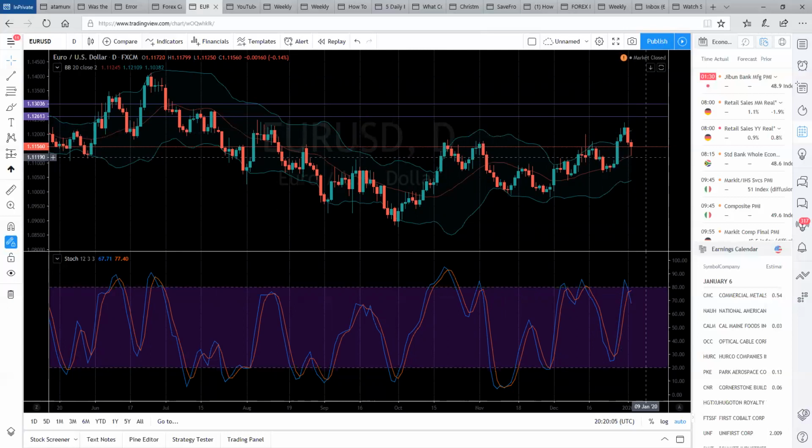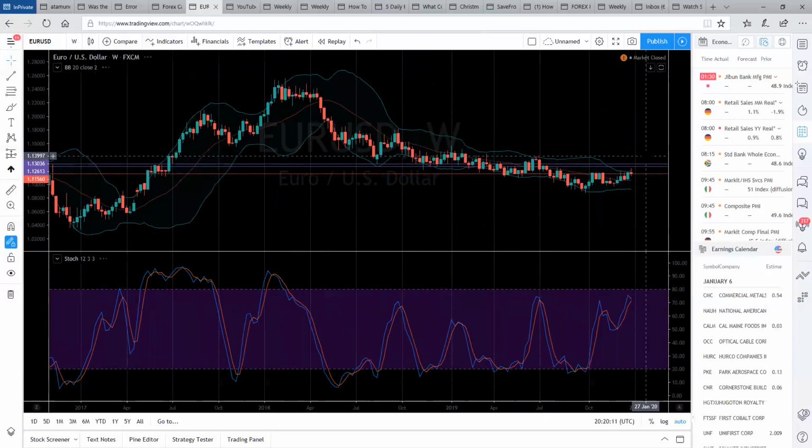Now, from what we have here, let's look at the weekly first of all. Weekly has formed something that looks like a doji. So basically, I'll be looking forward to prices coming down to 1.1080.